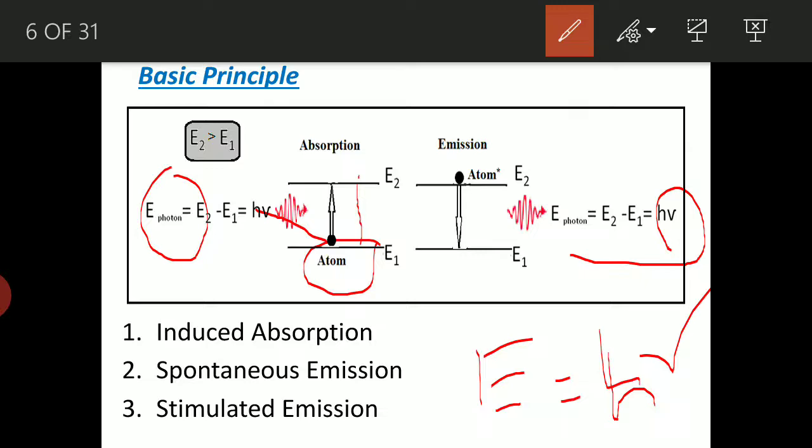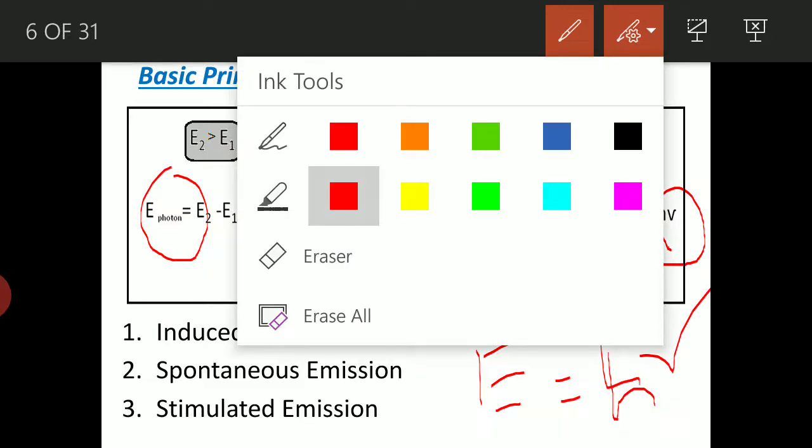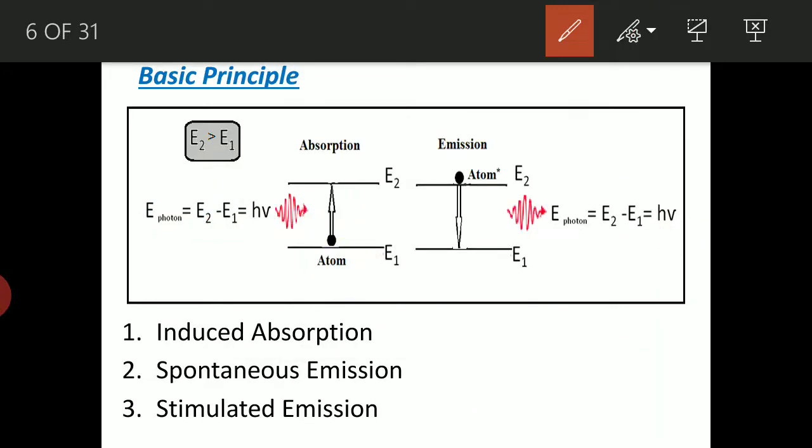Likewise, in absorption, energy of appropriate value equal to h nu is absorbed and the atom goes to the higher energy state, and in emission, during its transition from E2 to E1, it gives out a photon of energy h nu. This is the absorption as well as the emission process.